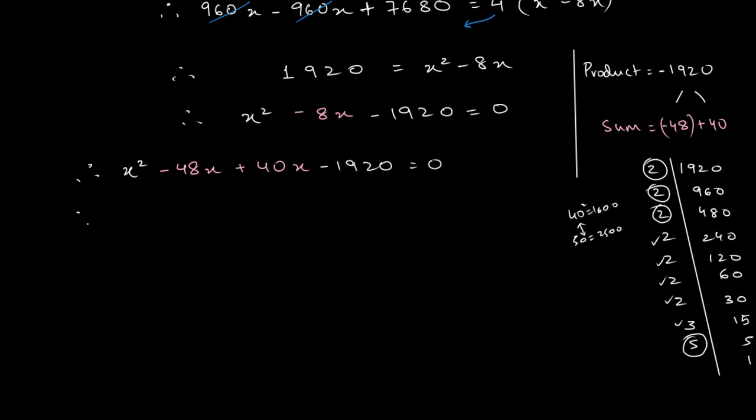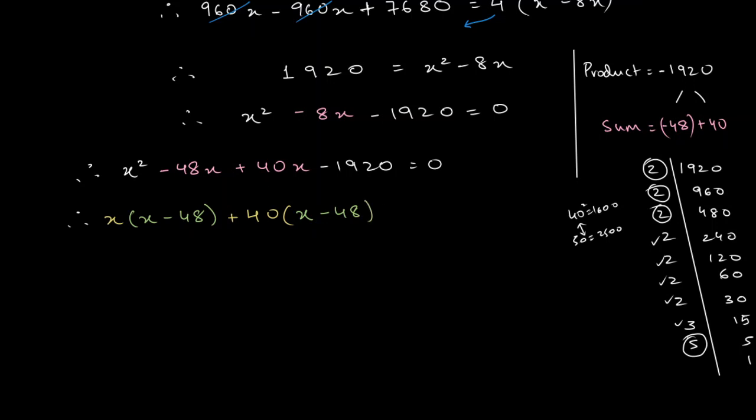Right? So now I'll factor this out. Between the first two terms, I can see there's an x common, and in the bracket I'll be left with x minus 48. Between the third and the fourth term, plus 40 is common, and in the bracket I'll be left with x minus 48.